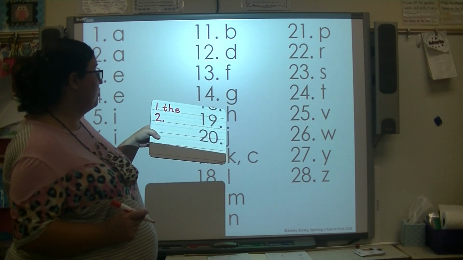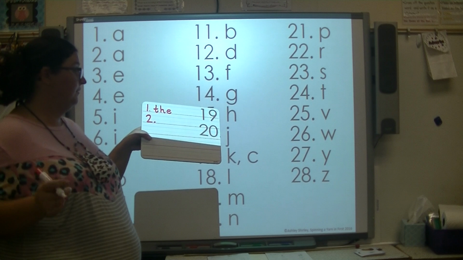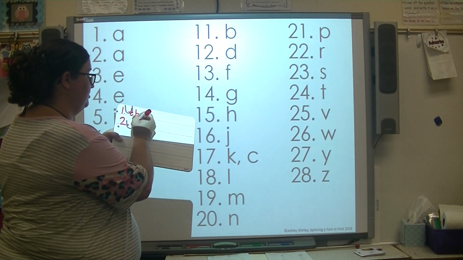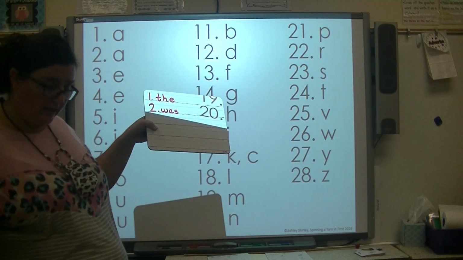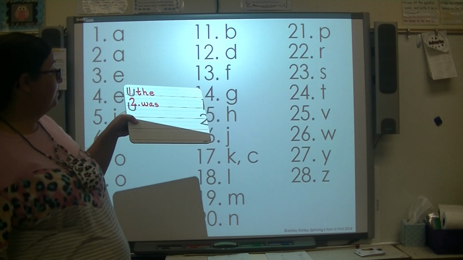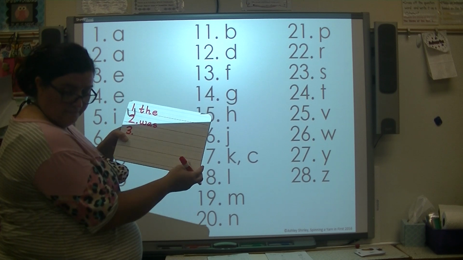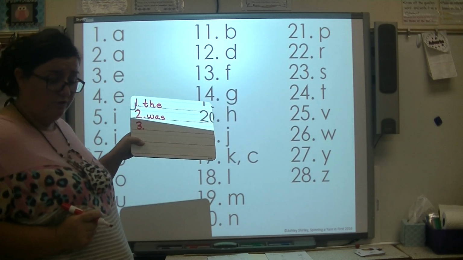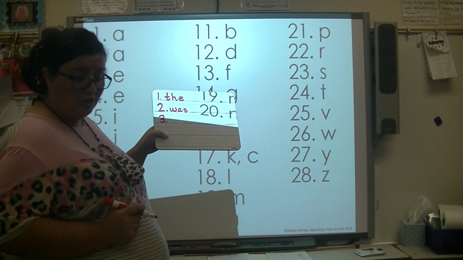All right, spell the word out loud. Get ready. Yes, was. W-A-S. Was. Number 3. The word is you. You are a smart student.